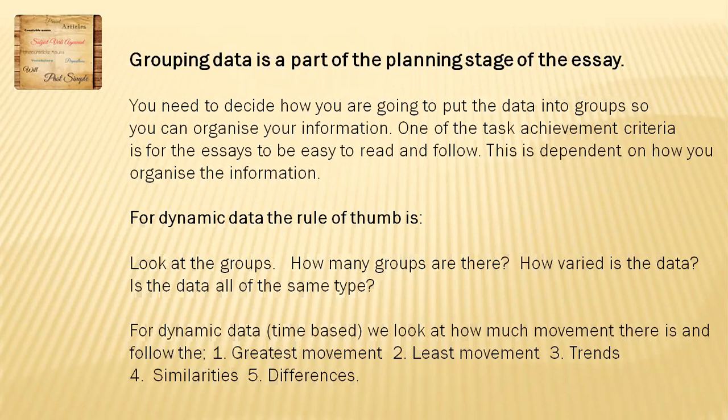So for dynamic data, we look at how much movement there is and follow the greatest movement, least movement, trends, similarities in movement, differences in movement. Those are the 5 things that will be enough or should be enough for most of these types of essays.